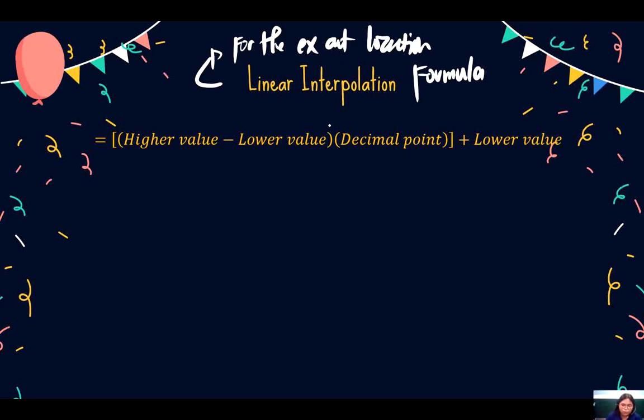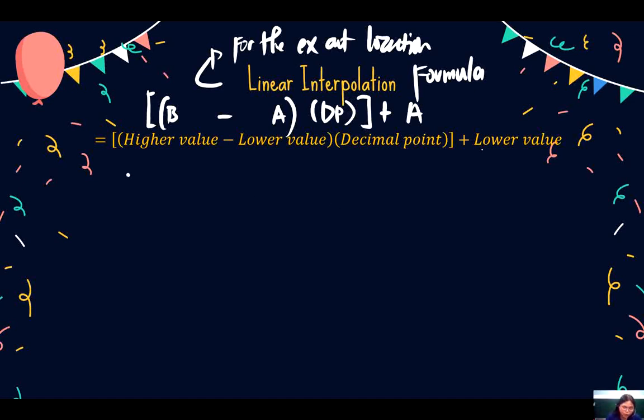Okay? Look at the formula, higher value denoted by B, lower value denoted by A. So, higher value minus lower value, multiply by decimal point, which is denoted by dp. And we're going to add it again sa lower value, which is A. Okay po? So, this is the formula for linear interpolation.